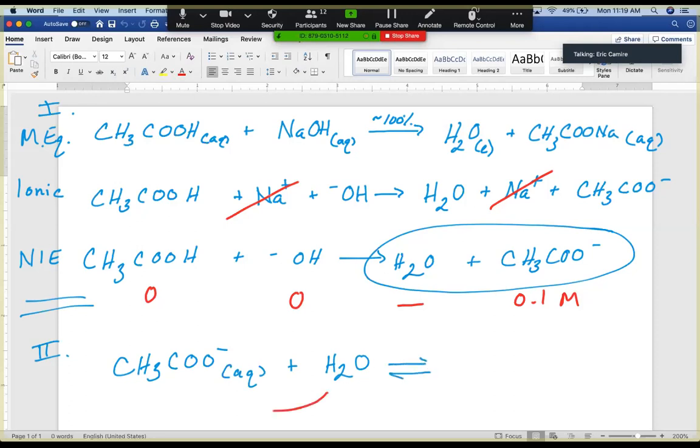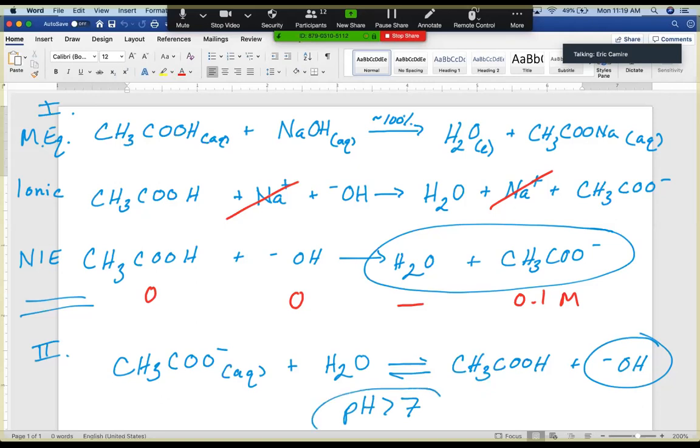The water behaves as an acid, donating an H to the acetate. It reforms my acetic acid, and in the process, creates hydroxide. If you create hydroxide, the pH will always be greater than 7. And that is going to be our rule.